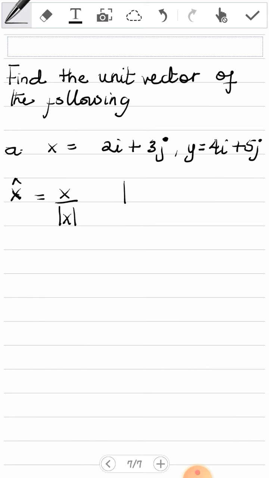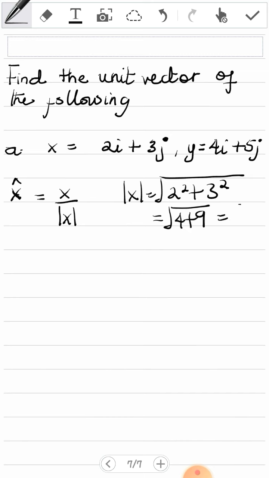So magnitude of x is going to be 2 squared plus 3 squared. I think we've solved this already. So we had 4 plus 9, then we had root of 13. We'll find that of y too, so that we just solve them together, then we're done.